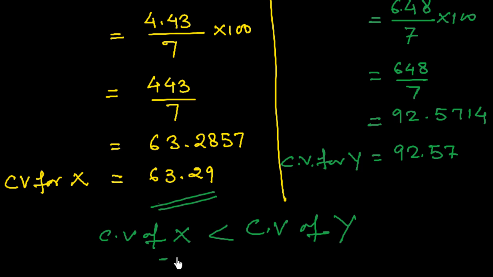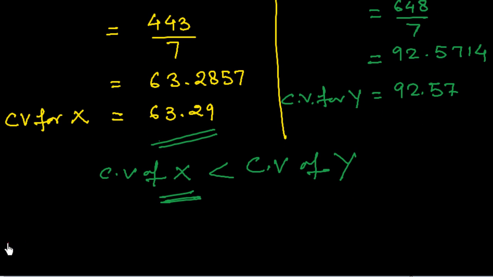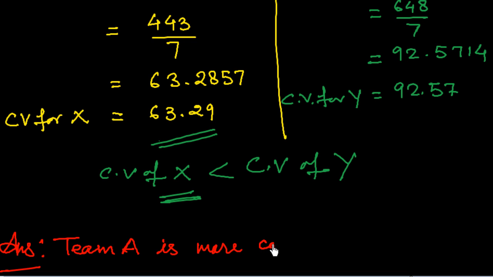So team A is more consistent than team B. So the answer: team A is more consistent than team B, because the coefficient of variation of team A is 63.29, which is less than the coefficient of variation of team B, 92.57.